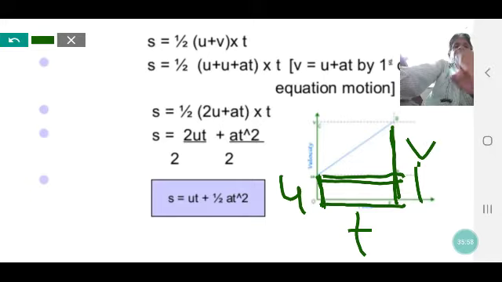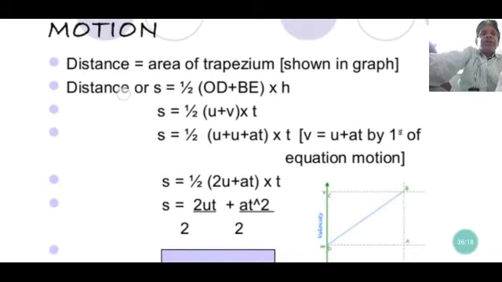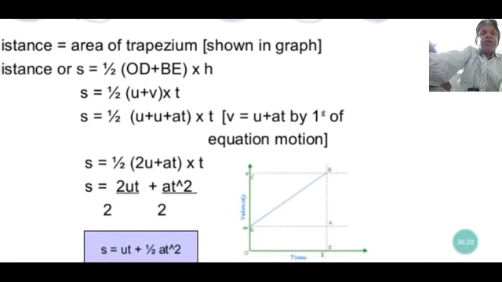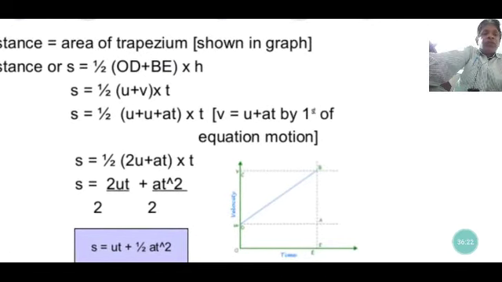Now we can easily find u plus v; divide u plus v by 2 and multiply by time. That is the area of the trapezium. Area of trapezium is equal to half into OD plus BE, where B is the v here. That means half into u plus v into t.